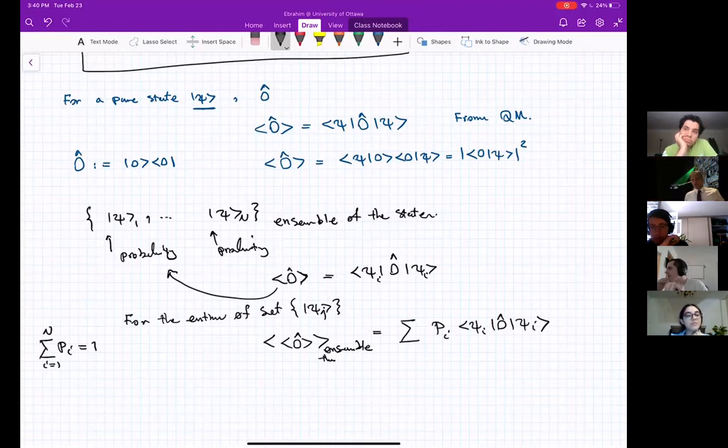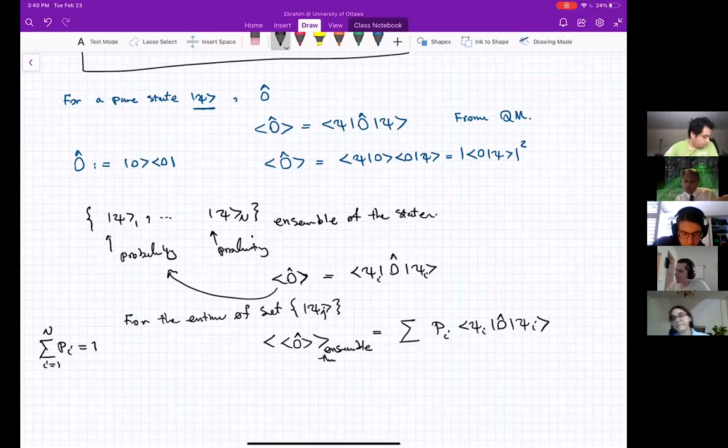Josh, you are the observer, and you have observables that you want to measure. What are you comfortable with? Polarization of light? Sure. Fantastic.